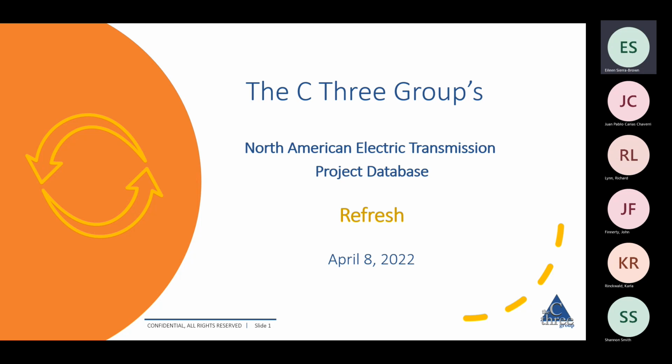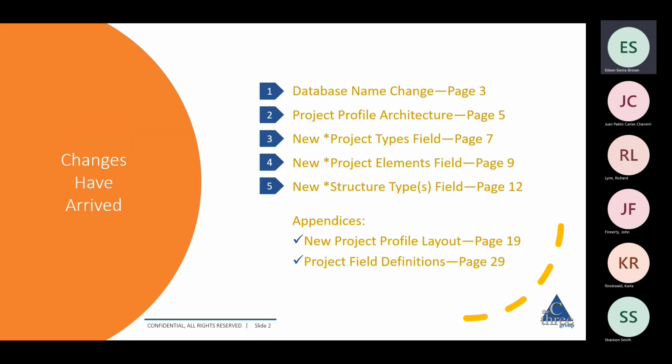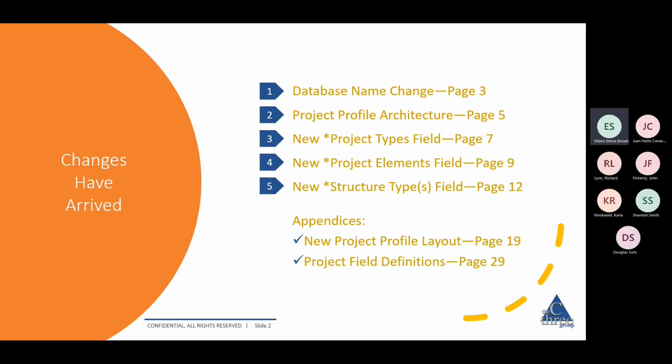Today's presentation, we're basically going over changes that are only in the electric transmission database at this time. Back on April 15th, we rolled out a name change of the transmission database to the transmission and distribution database, as well as the individual profile view of a project, where you can see all the project history and extra details like contact information.